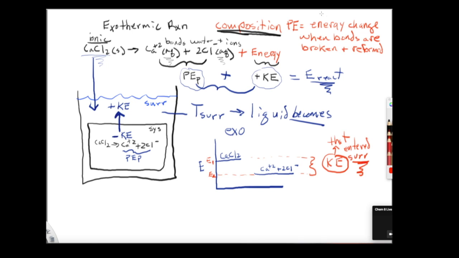All right. Now, very quickly, we're going to move to the opposite example on a different page here. And in this one, we're going to look at what happens when sodium chloride, and hopefully most of you will recognize this as table salt, dissolves in water.